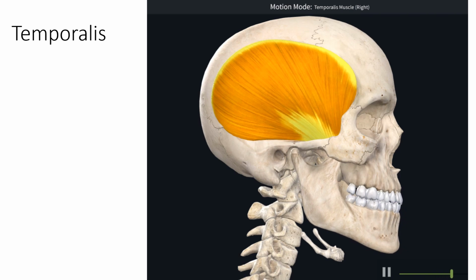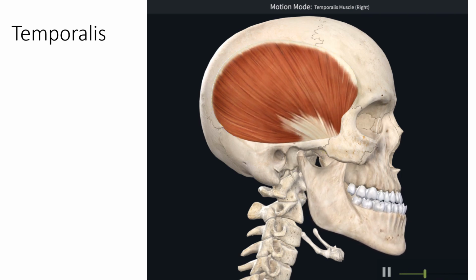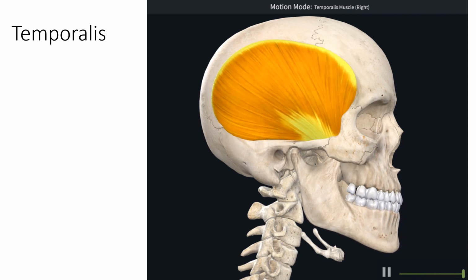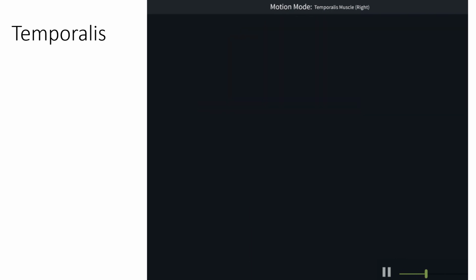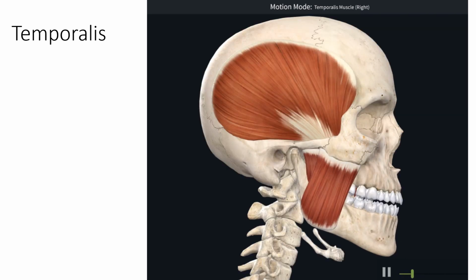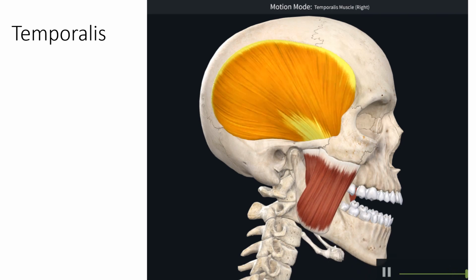So this is going to be retraction. And here we have mandible elevation.